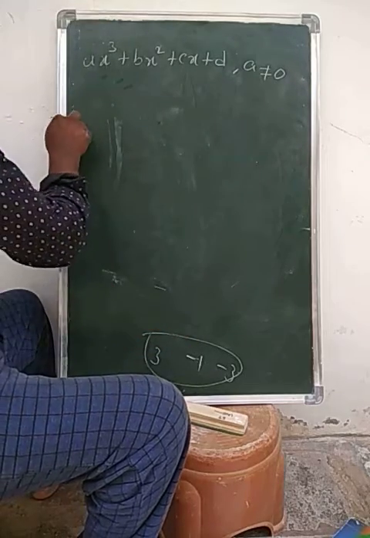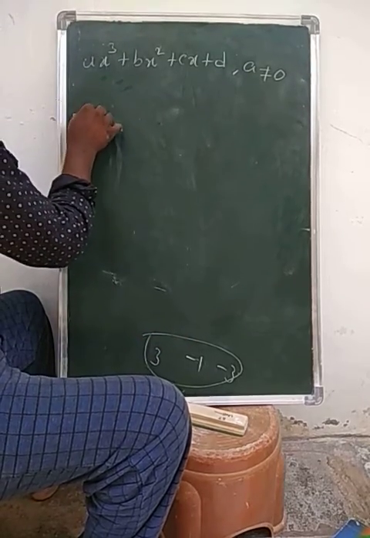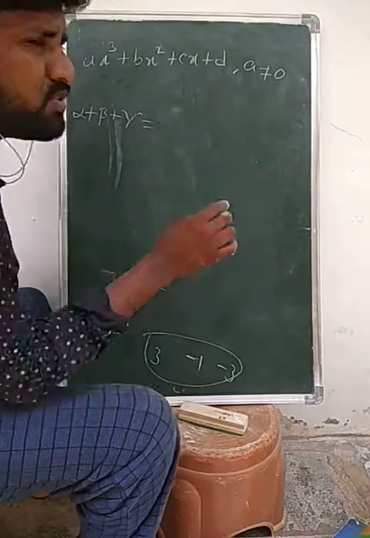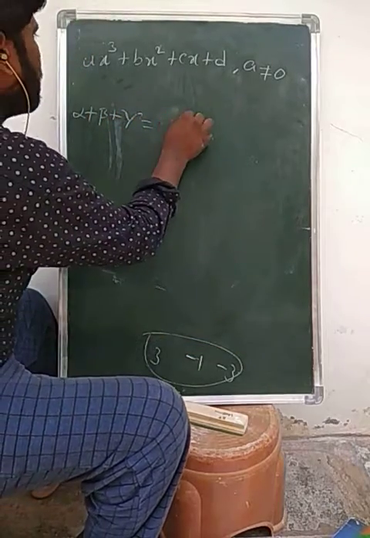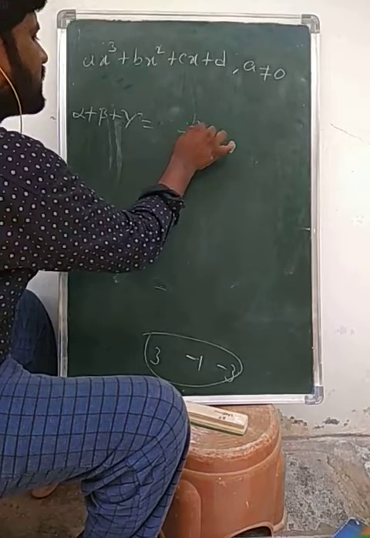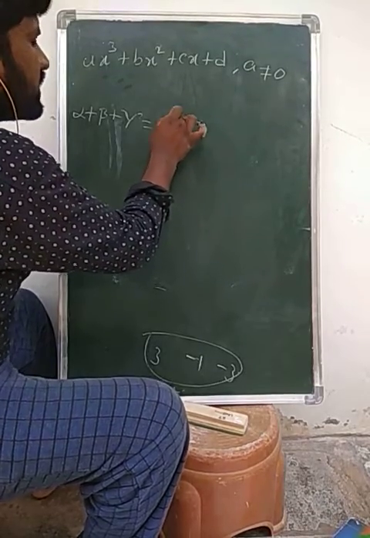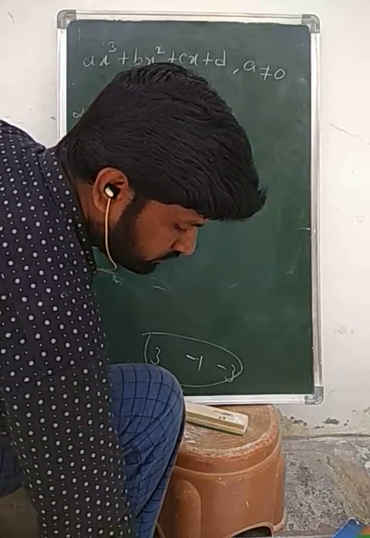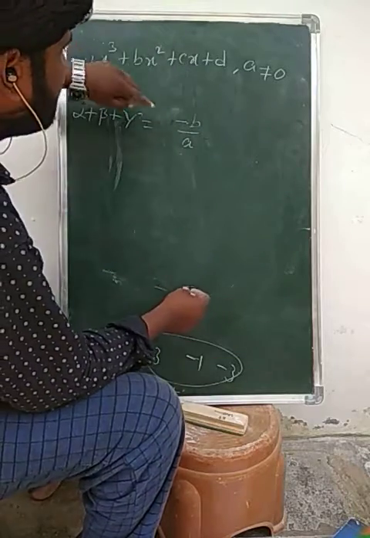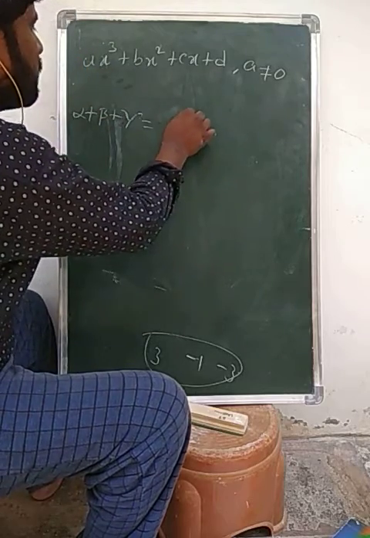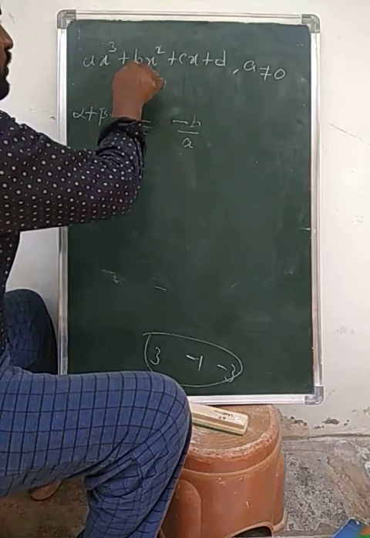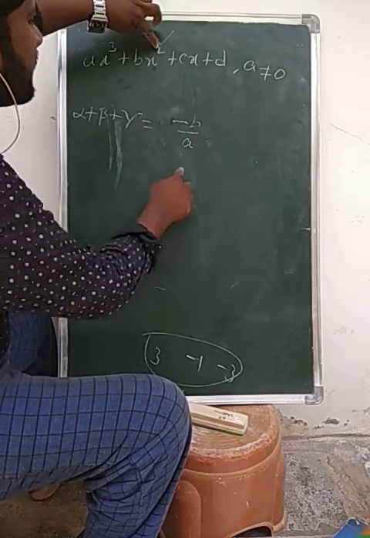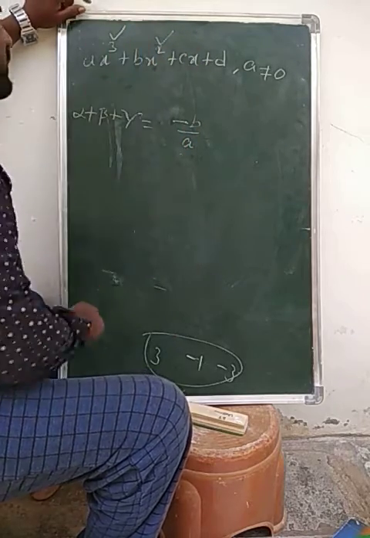Now we have a relation: alpha plus beta plus gamma, that is the sum of zeros, is minus b by a. Minus b by a means b is the coefficient of x square, and a is the coefficient of x cube.